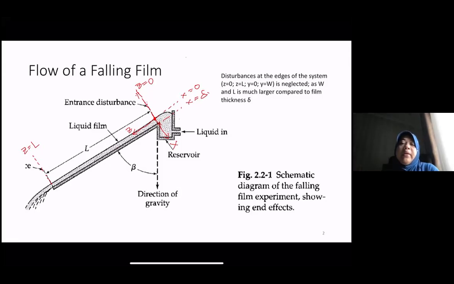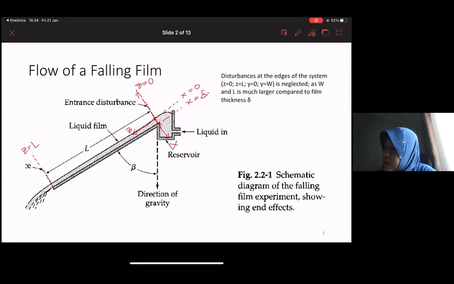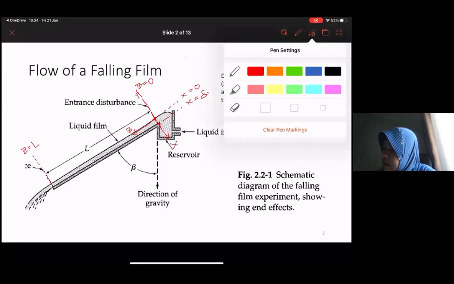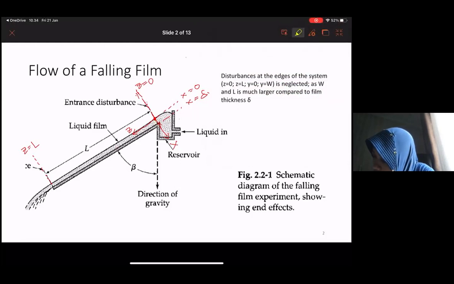Then what we need to do is make a thin shell, with a thickness of around delta x.